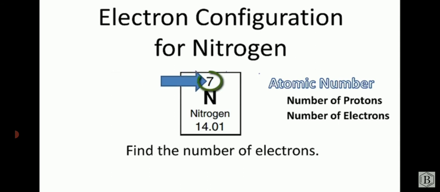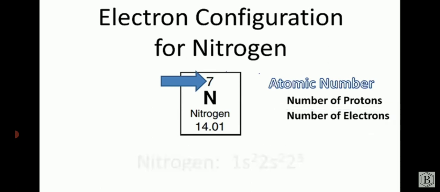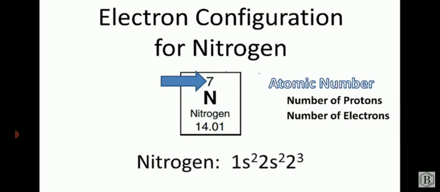That's the number of protons, but it's also the number of electrons, and once we have the number of electrons, we can write the electron configuration for nitrogen.